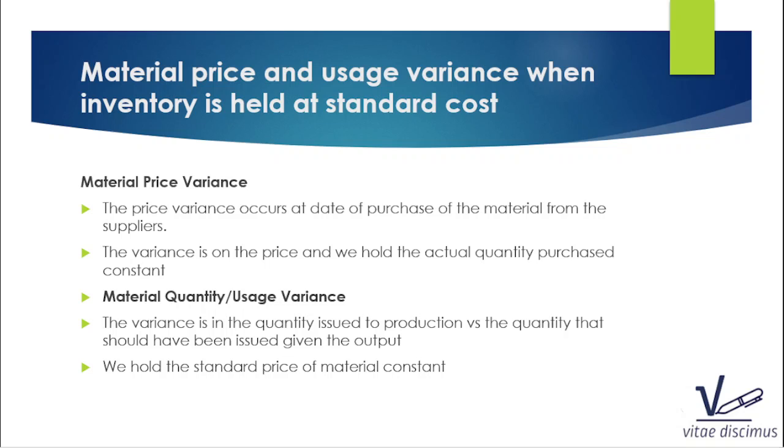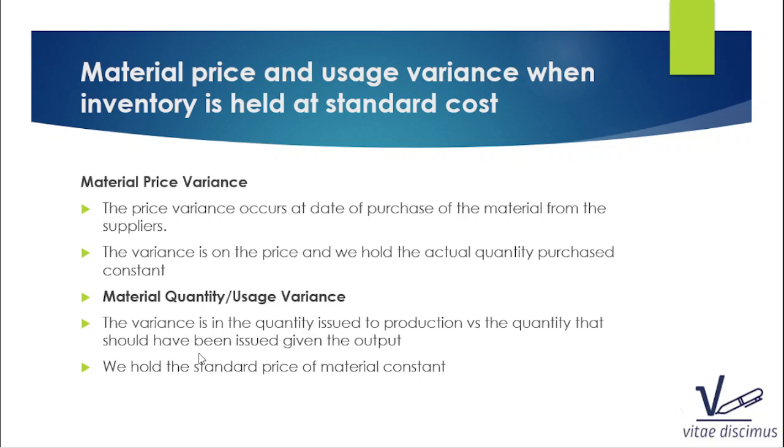Then, with regards to material quantity usage variance, the variance is in the quantity issued to production versus the quantity that should have been issued given the output.